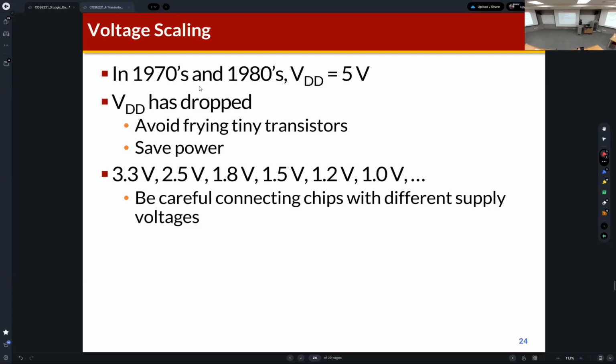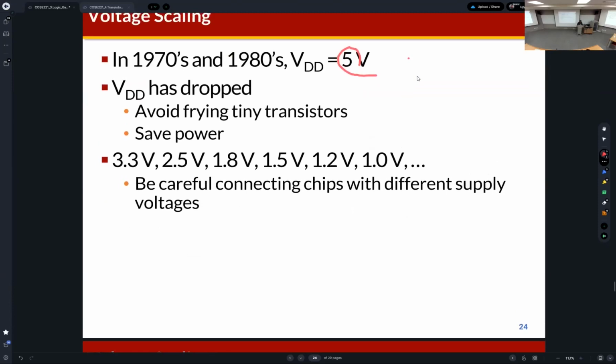Okay, so think like this. The voltage level is 5 volts, and then the power. What is the power?